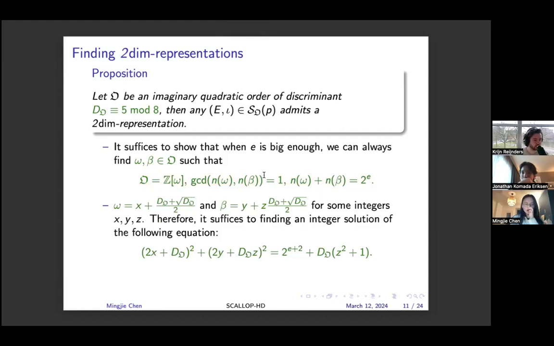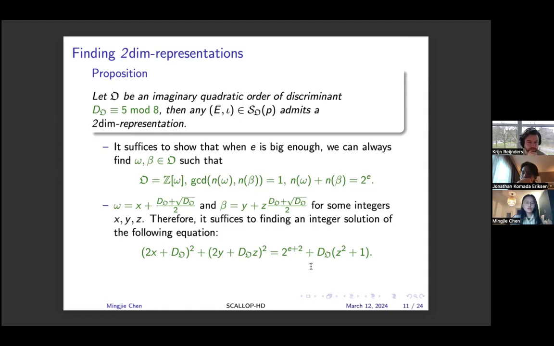And let us write down omega and beta explicitly. Computing their norms and doing some simplification will lead to the following equation, which is equivalent to the equation on the sum of the norms. On the left, we have a sum of 2 squares. On the right, we have some integer that involves a variable z.